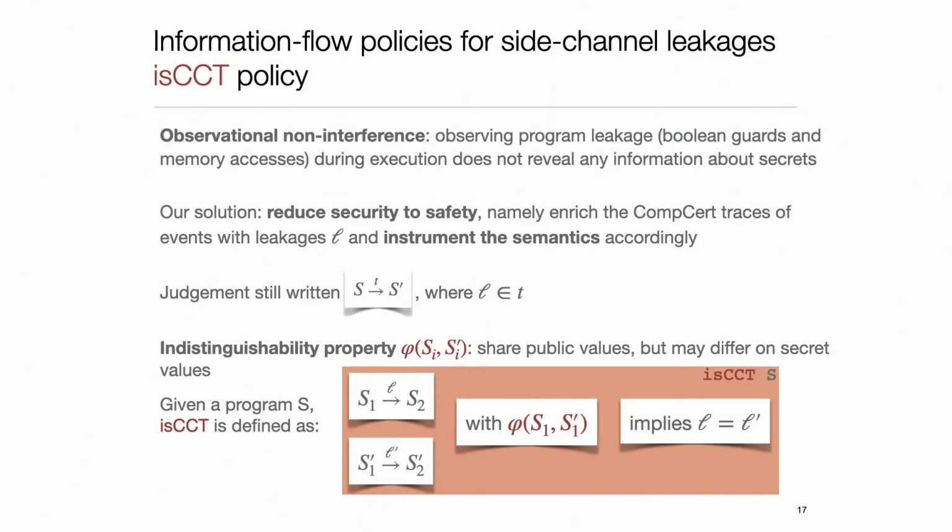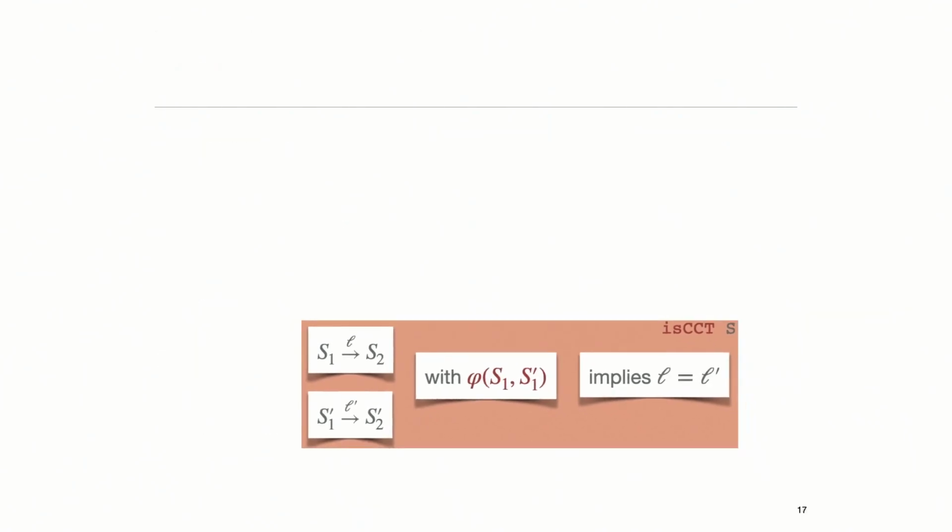Two states are considered indistinguishable when they share the public values, public meaning not secret, but they may differ on secret values. So the idea is to trigger two executions of a program and to see if they differ in the secret values. If the answer is yes, it means that the program is not cryptographic constant time. So this is the property we want to ensure here, and it involves two executions of a source program.